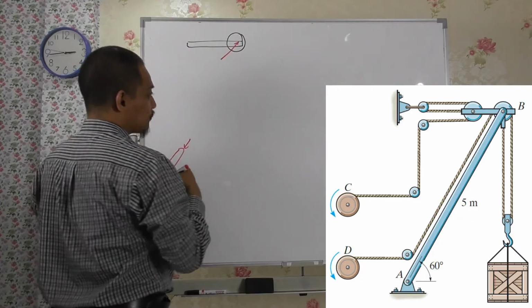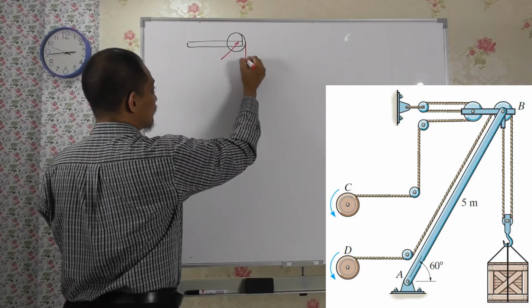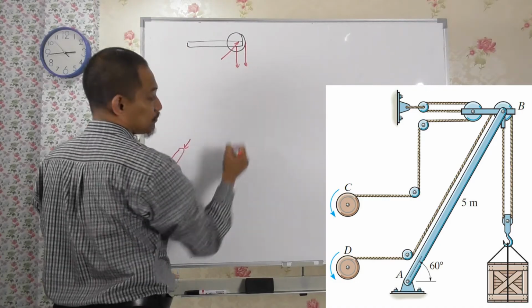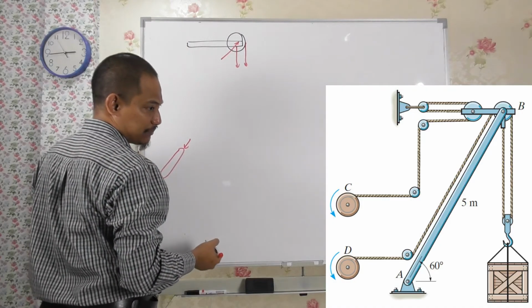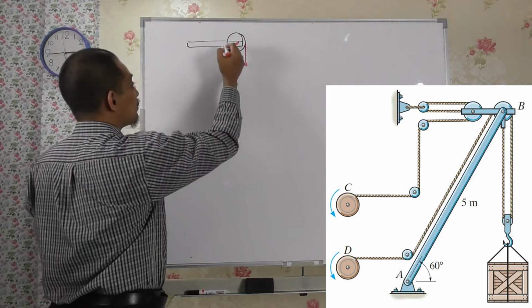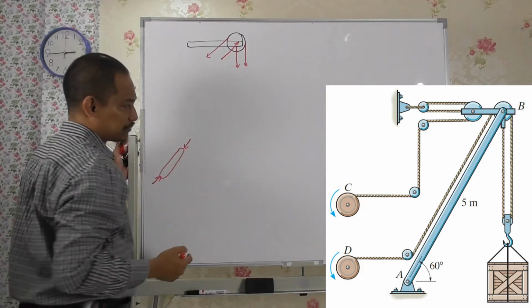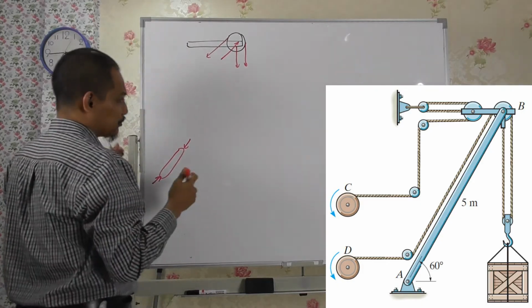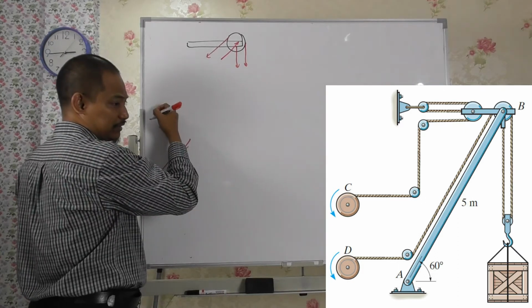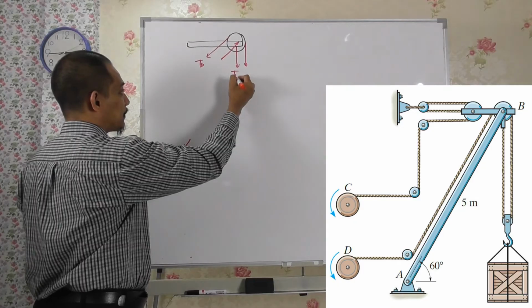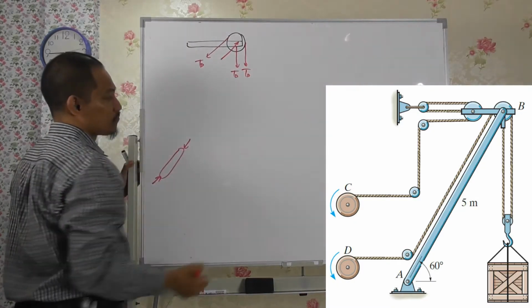And then you have two forces downward, here and here, which is the same cable, and then it goes here. That's the same cable as well. So it goes to TD, because this one goes to D, right? So if I label it TD, this is TD, this is TD.